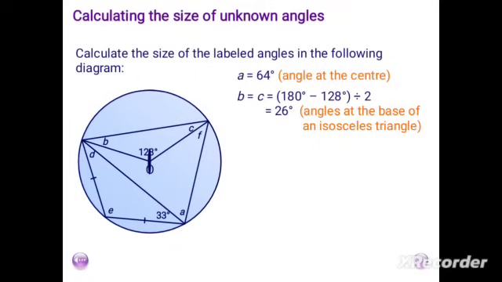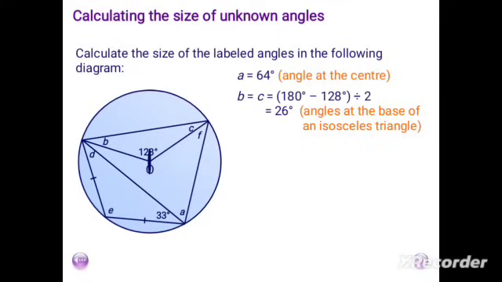Now we can get B and C, and we know that B and C happen to be the base angles of an isosceles triangle. So we shall get the supplement of 128, then divide by 2.